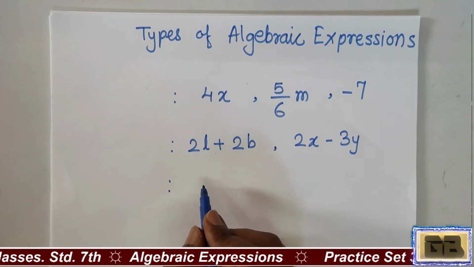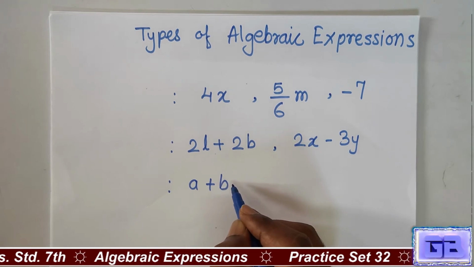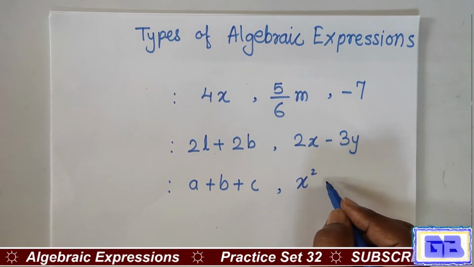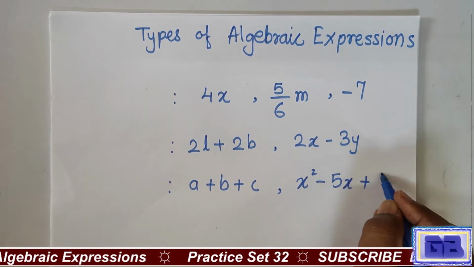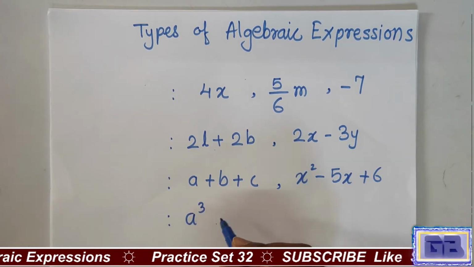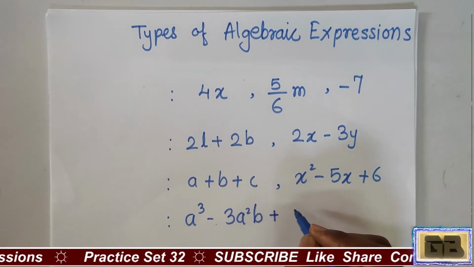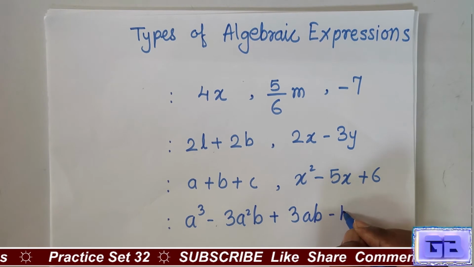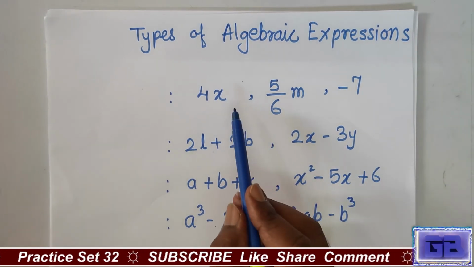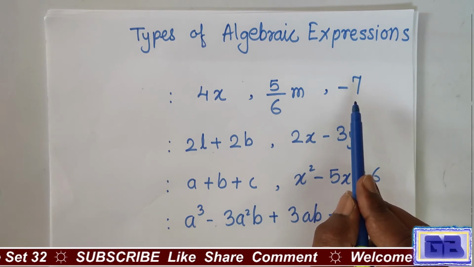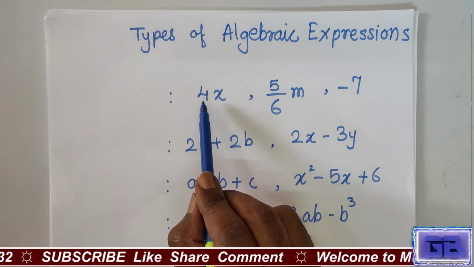Next one is a plus b plus c. Next example, x square minus 5x plus 6, and here a cube minus 3a square b plus 3ab minus b cube. If you see the first group of algebraic expressions, it has only one term, 4x.